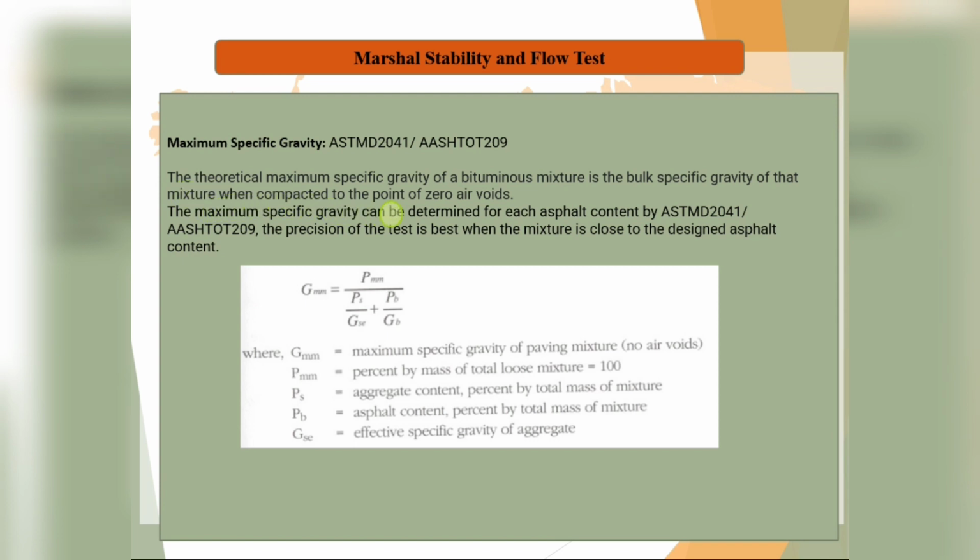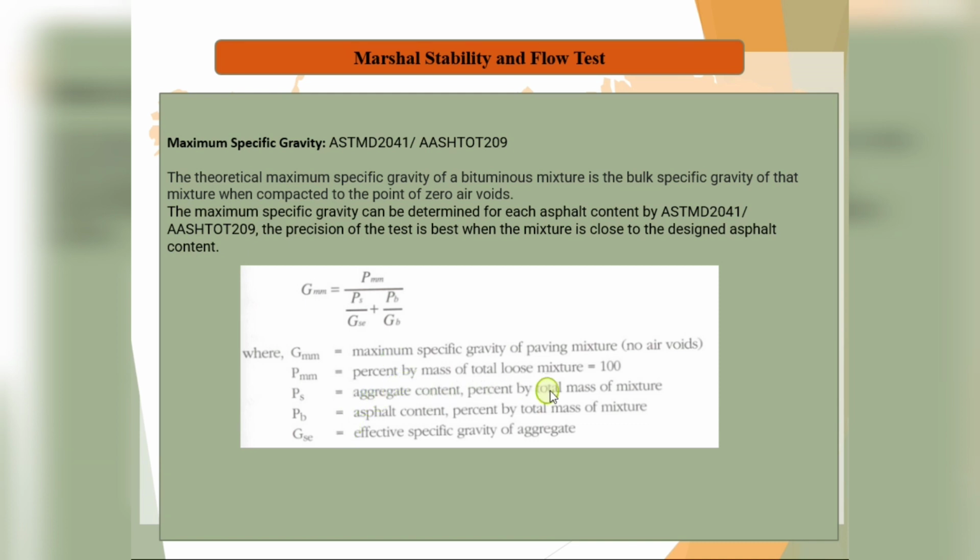The maximum specific gravity for a bituminous mixture is the bulk specific gravity of that mixture compacted to a point of zero air voids. G is equal to P divided by the sum of P over G. What is G?